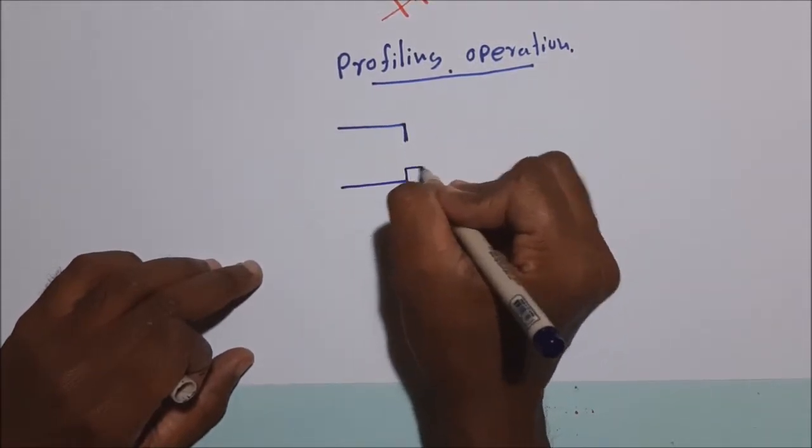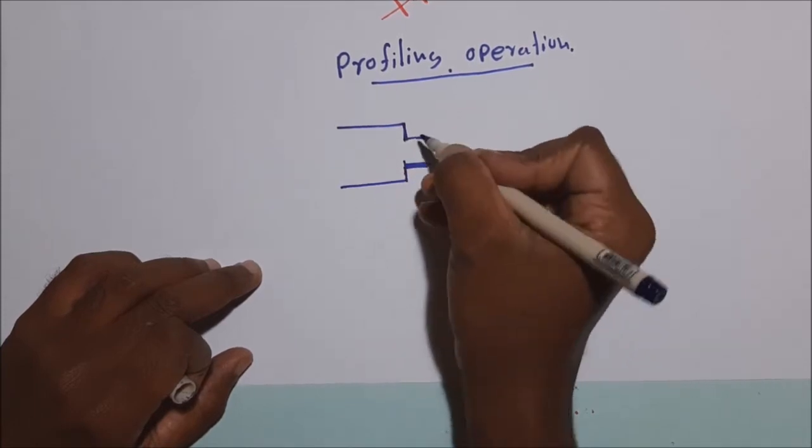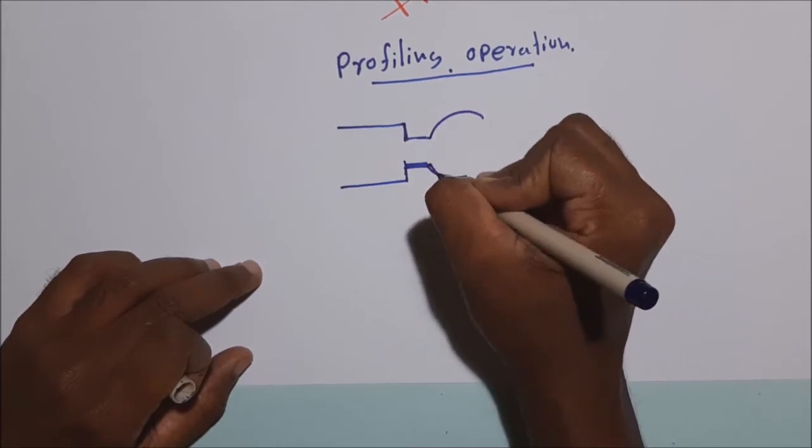For example, let's take this kind of irregular shape that you want to manufacture.